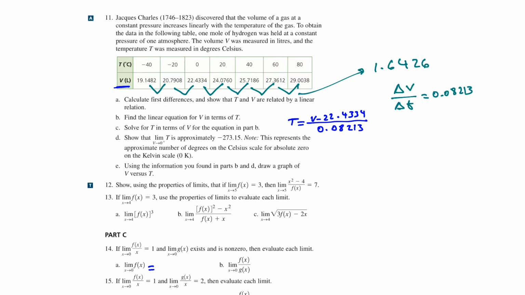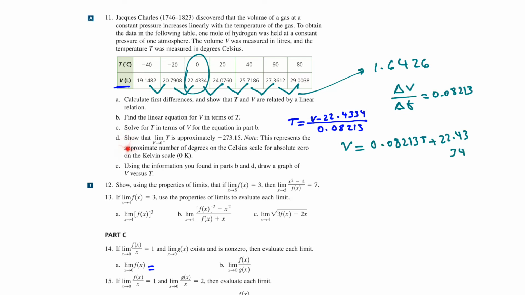Since the V-intercept is 22.4334, the equation would be V equals 0.08213T plus 22.4334.